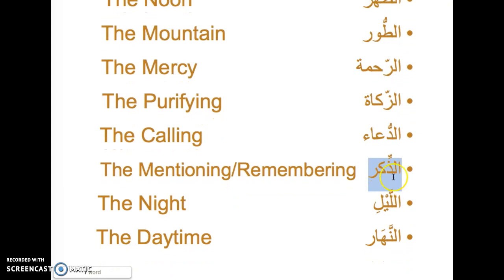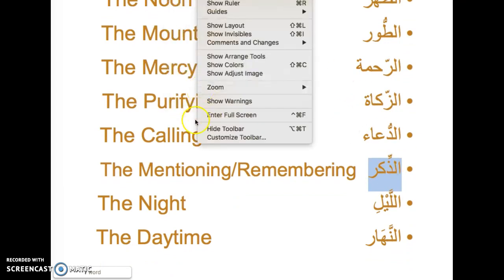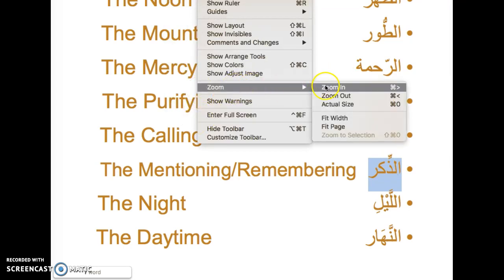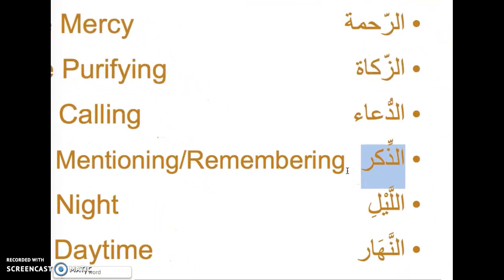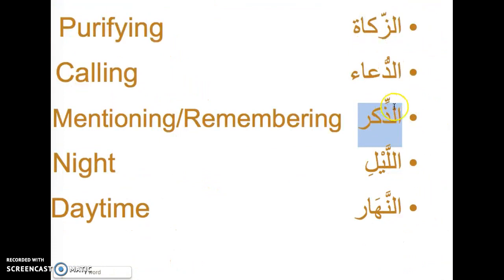You notice here, this one is different. If you zoom in, you can see. Can we zoom here? You can see here, the kasra is not under the letter, rather it's under the shadda. See the shadda on top? The kasra is under the shadda instead of under the letter, and this is something you should note.